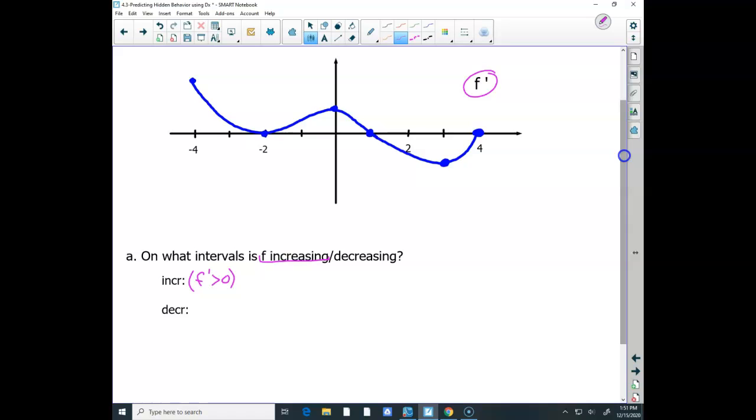And all I need to do is look on my graph: when is f prime greater than 0? I can do that super easy. I can say it's increasing from -4 to -2, union with, that's a bad union, but then also -2 to what?